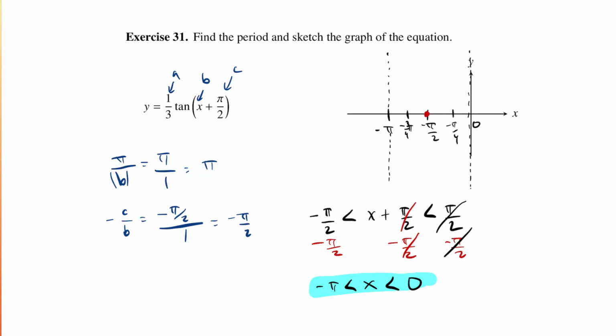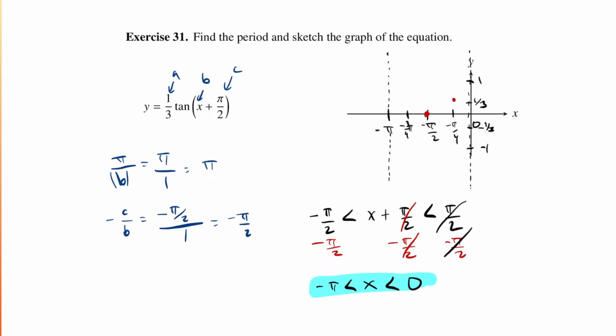And then, if you recall, tangents look like this. The A tells you, sort of like an amplitude, but not really. If 1 is here, then 1/3 would be about right here somewhere. And if negative 1 is down here, then negative 1/3 would be approximately right there.